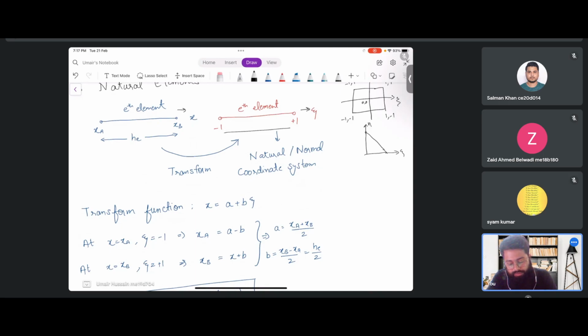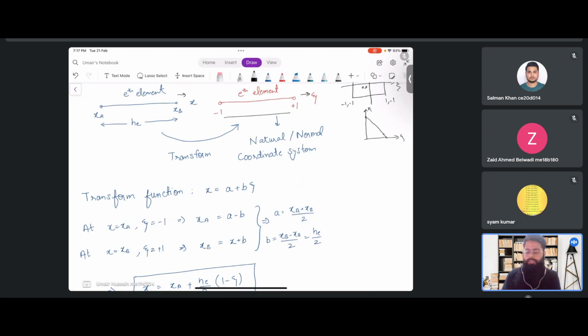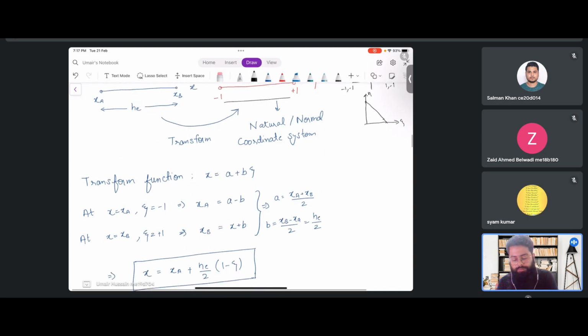So if it's a simple 1D system, then it's a linear transformation function. We can assume any linear function a plus b zeta.